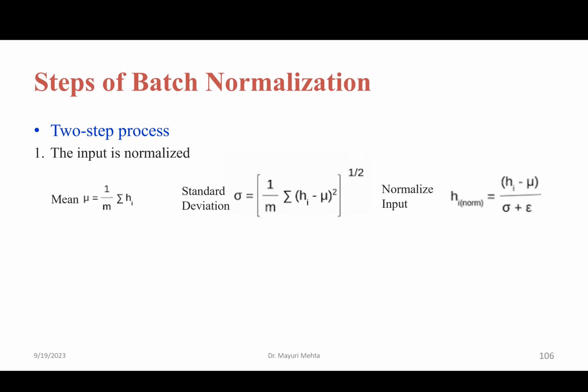We do this for each input, and the smoothing term epsilon ensures numerical stability by preventing division by zero. The H norm on the left-hand side is there because we are normalizing the output from the hidden layer, so that we can present normalized data to the next hidden layer. So this is the first step.